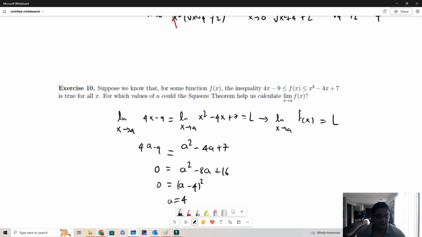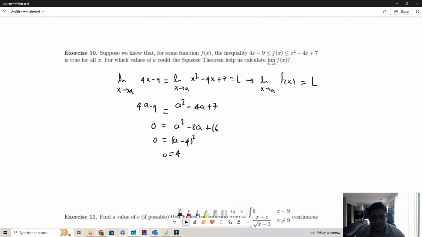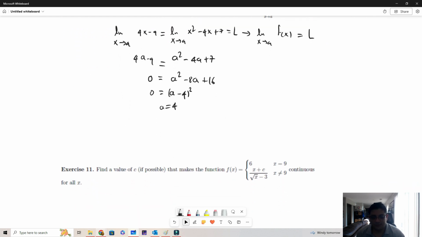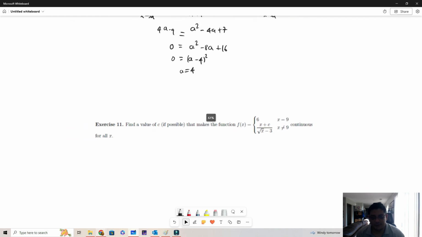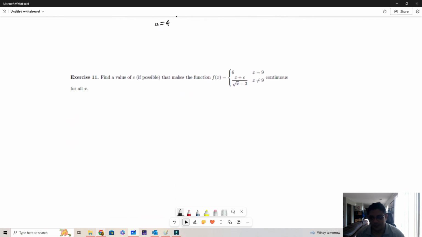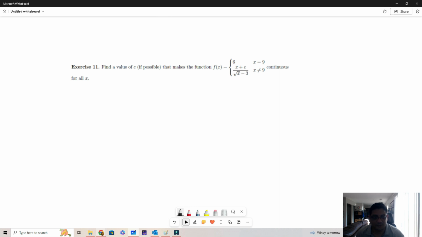All right, so this was exercise number 10. Now, last but not least, we have exercise 11, where we're trying to check for continuity and find out what are the possible values that make these functions continuous. By definition of continuity, you need to have that the limit when x goes to c of f of x must be f of c.